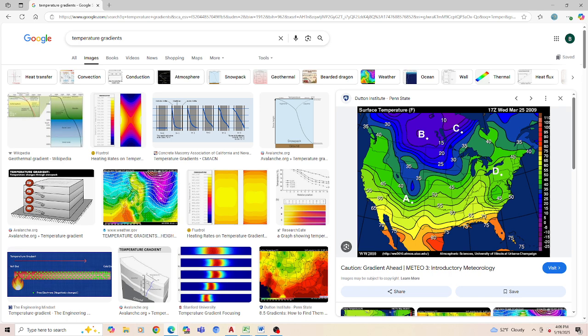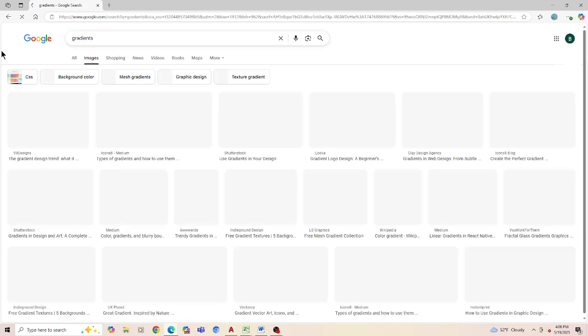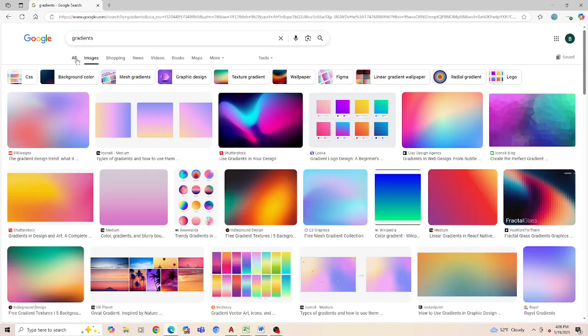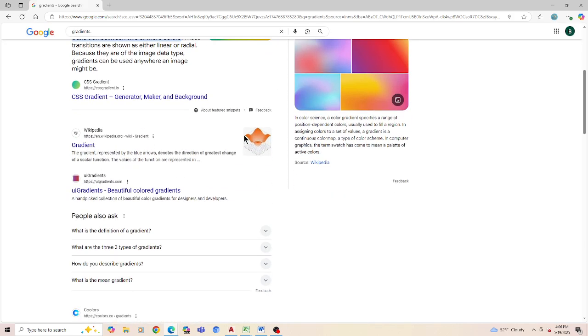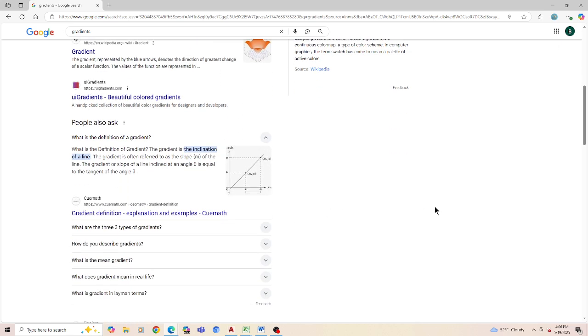So, by definition, let me see if I can get back to the AI on gradients. I have some notes off to the side here, and I haven't found exactly where I got them from.